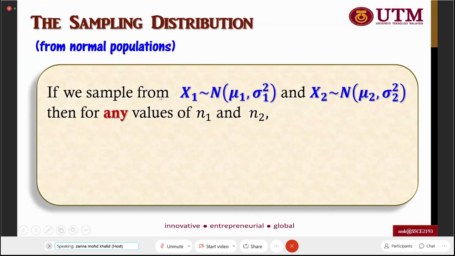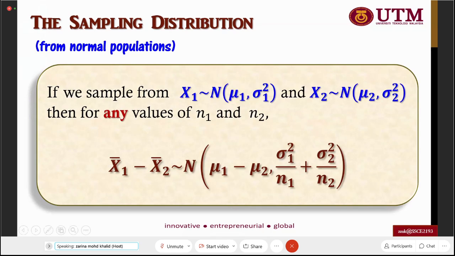And when you sample from these two populations which are normal, for any values of n1 and n2, n1 and n2 are the two sample sizes. Any values, no constraint on n1 and n2. Can be small, can be large, can be both large. Doesn't matter. Okay? So if that is the case, then what happens?